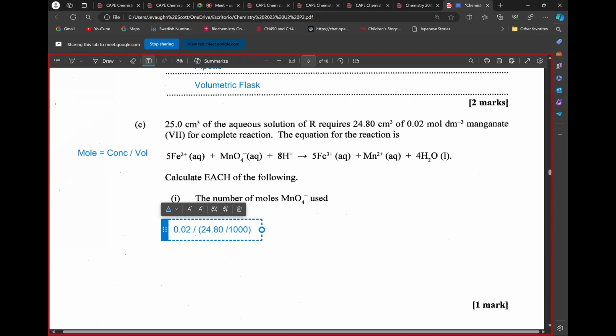All right. So who agrees with this? Do we agree with this? 0.8. Do we all agree with this? Does this make sense to you guys? I believe it's concentration times volume, multiplication.